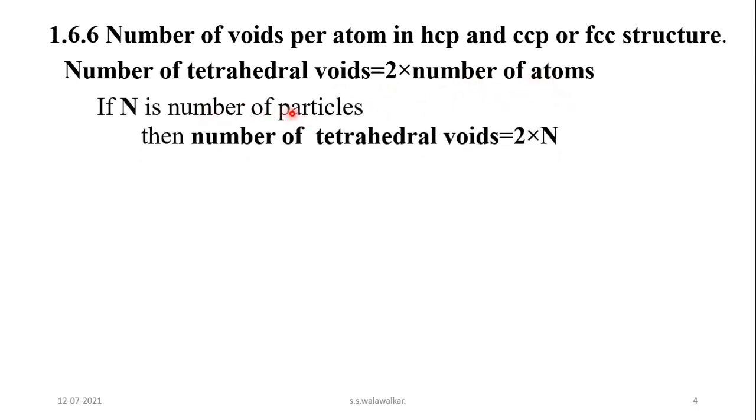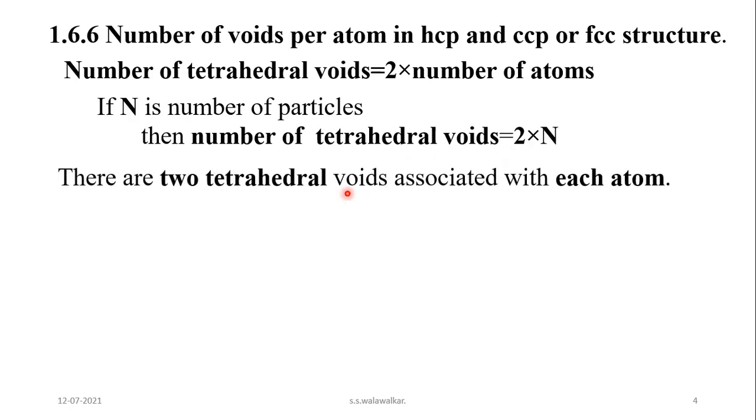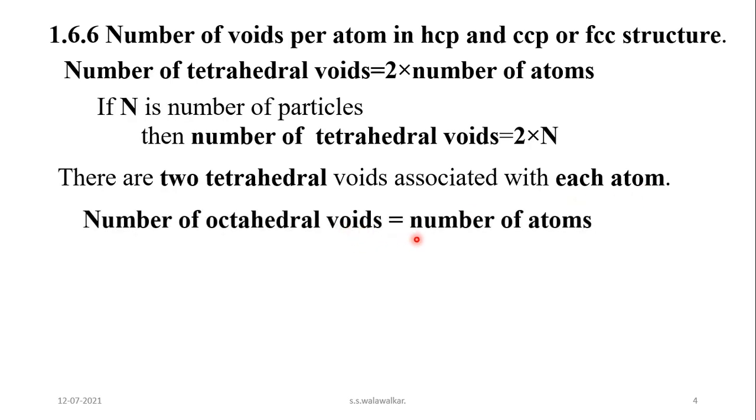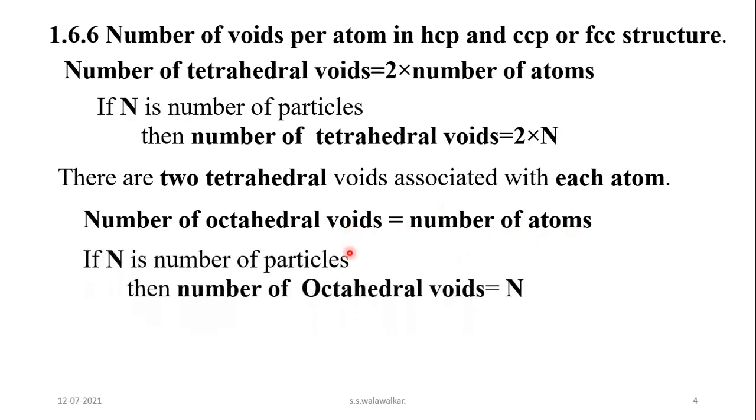Suppose n is the number of atoms or particles, then the number of tetrahedral voids is equal to 2n. That means there are two tetrahedral voids associated with each atom, and the number of octahedral voids is equal to the number of atoms. So if n is the number of atoms, then the number of octahedral voids is also n.